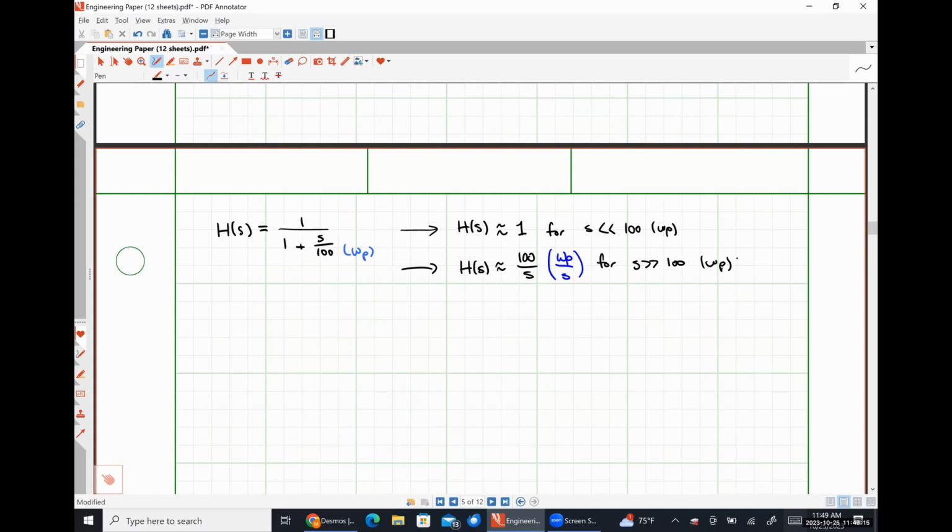So effectively, in this case, we put 10 to the 2 here, 10 to the 1 here, 10 to the 0 here, 10 to the 3, 10 to the 4, etc. 20, 40, negative 20, negative 40, and so forth.